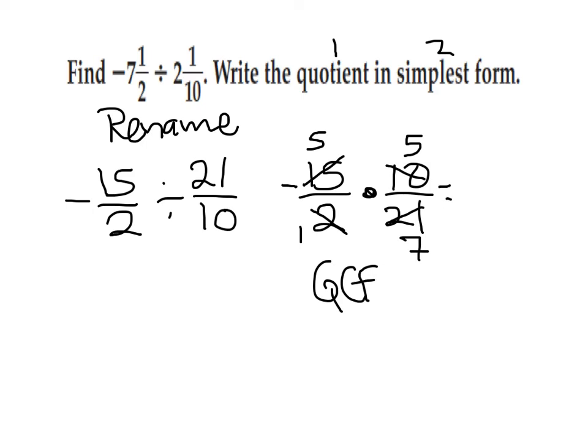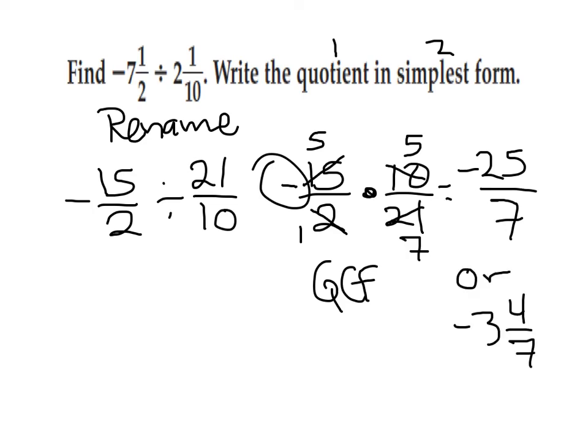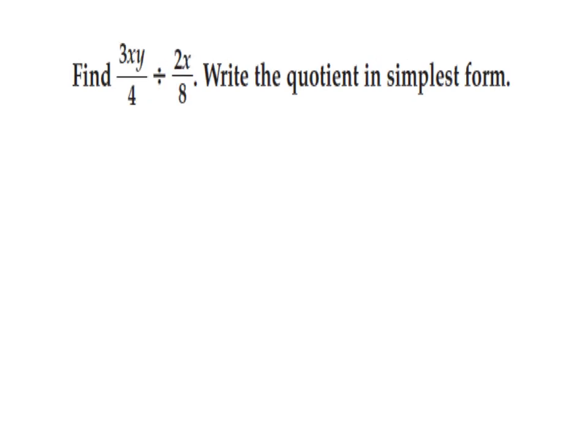So that gives us an answer of 25 over 7. And remembering we have a negative, so it's negative 25 over 7. If you're asked to make it a mixed number, the mixed number is negative 3 and 4/7. There you go.